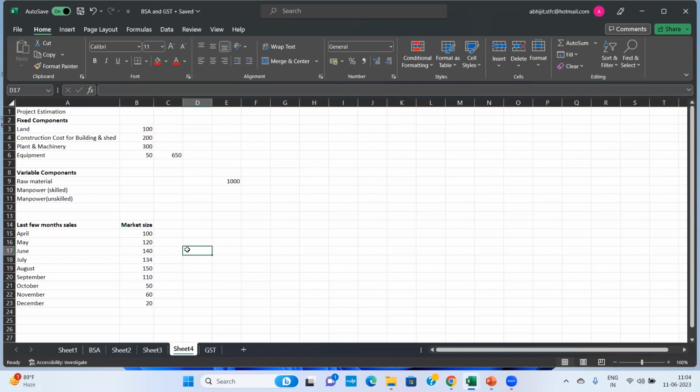When I talk about market size, it means the demand from the entire market in which I am catering to. What is the next data I should look at to estimate my raw materials requirement?